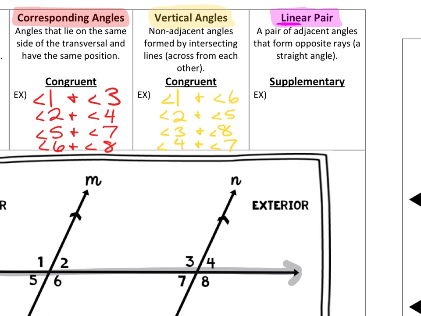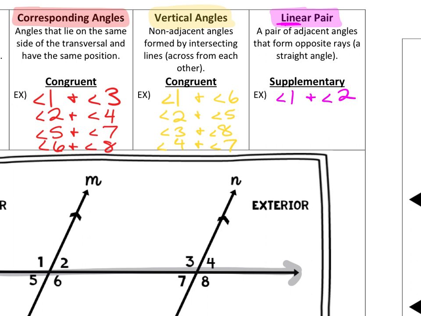So there are so many linear pairs in this image. We're only going to talk about 4 of them. What is a linear pair with angle 1? What makes a straight line with angle 1? Angle 2. Angle 2 makes a straight line with angle 1. But also, angle 1 has a different linear pair.